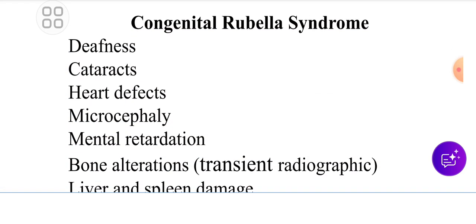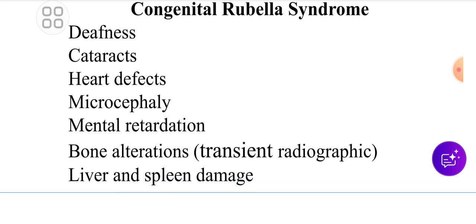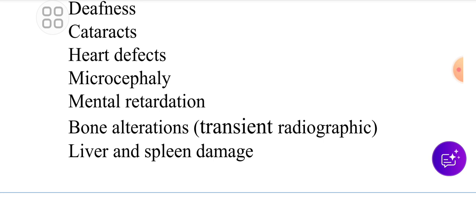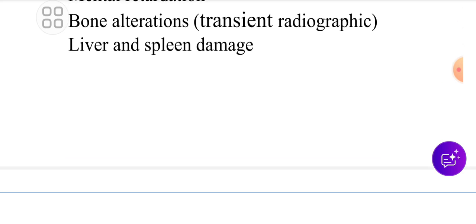In congenital rubella syndrome, the child may manifest with deafness, cataracts (opacification of the eye lens), heart defects, microcephaly (very small head), mental retardation, bone alterations that appear radiographically and are transient, and liver and spleen damage.